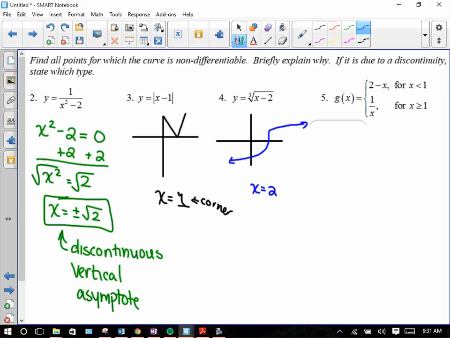No. So it's not discontinuous, which means it's not differentiable, but not because it's a jump discontinuity, a hole, or any kind of discontinuity. How would you classify that? Does it look like a corner? No, a corner would not look smooth. It's a vertical tangent. Okay?